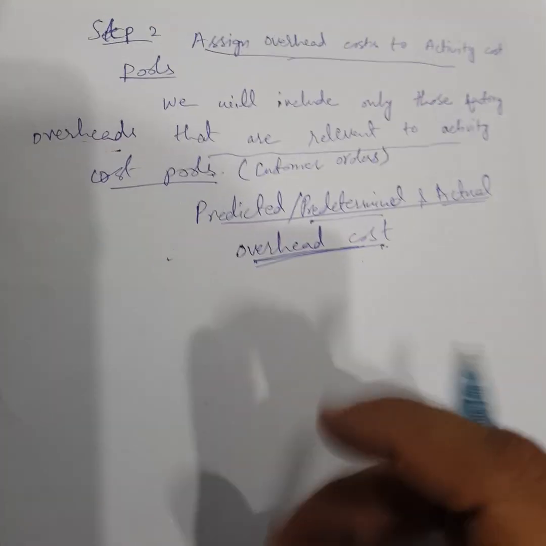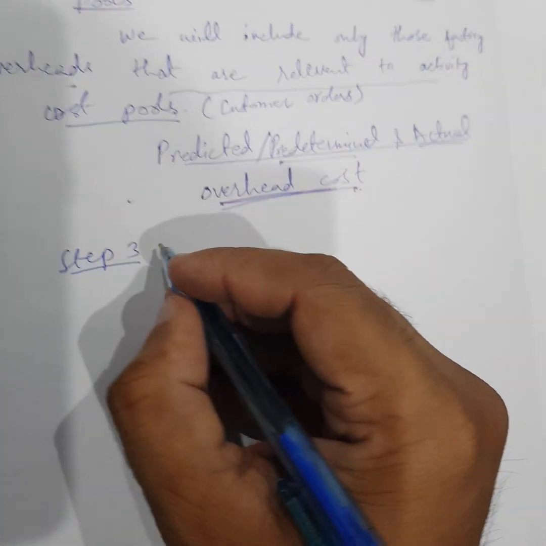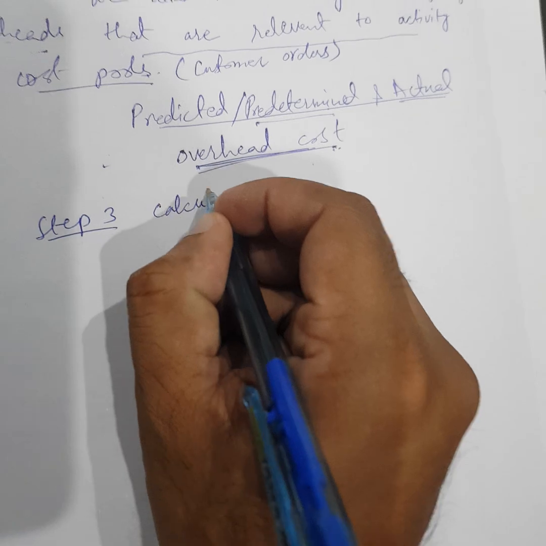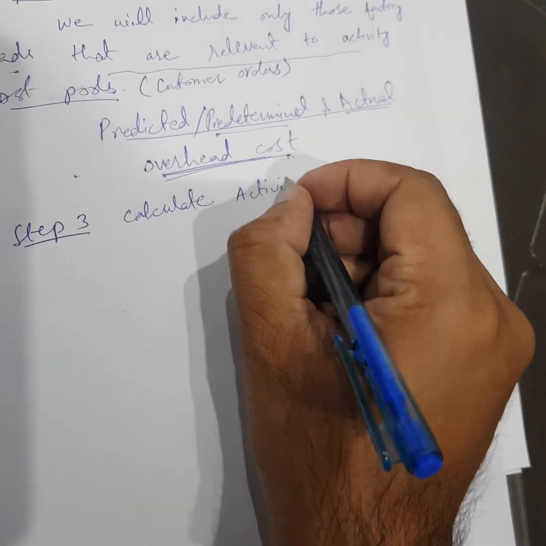The third step, step number 3, is to calculate activity rates.